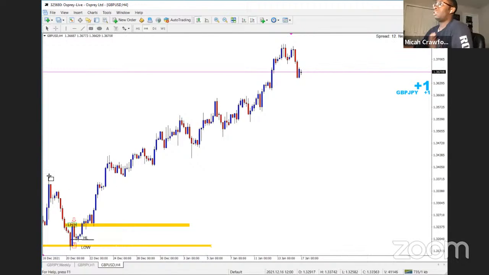So here, this is just something that I do, okay? When I find little areas like this, I take a box and I take the wick. I include the wick, and all I want to see is price hit that zone, come down. I can see the break, retest, continue to the upside.